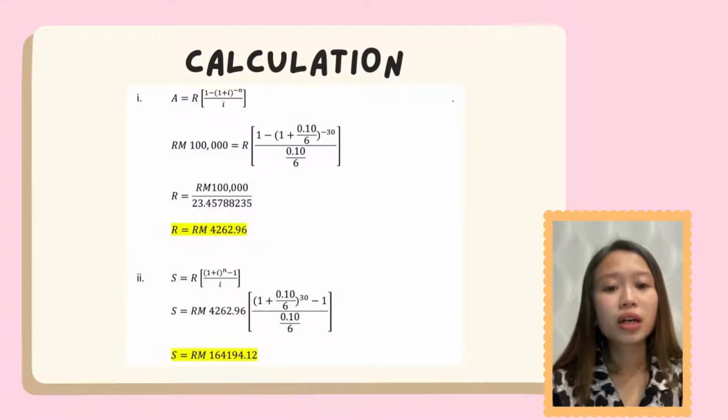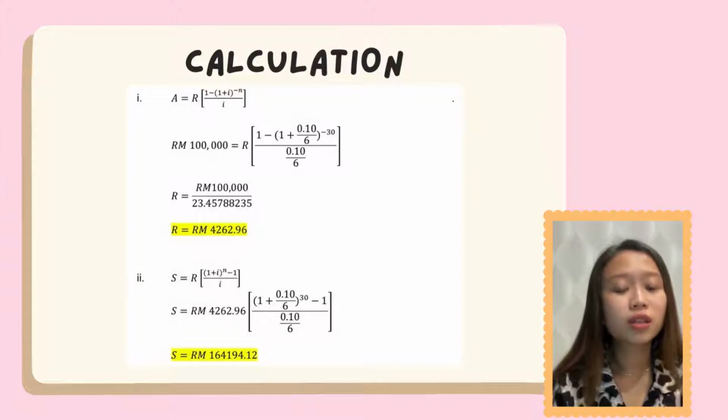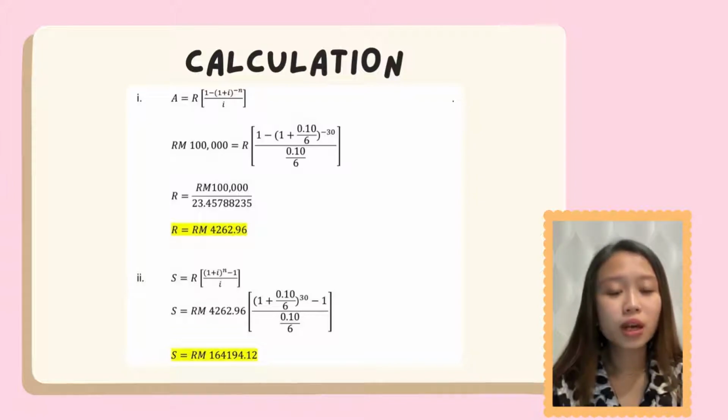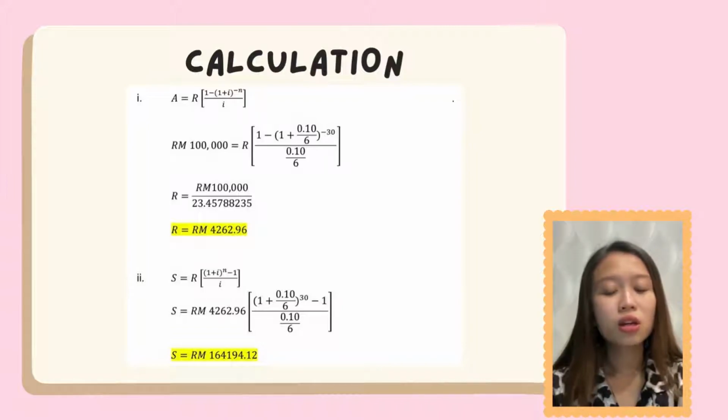So, inserting the values, A equals 100,000 equals R, 1 minus 1 plus 0.10, which is the rate, over 6, which is m, to the power of negative 30. Negative 30 is m times t, where t is the years, over 0.10 over 6. So for R, you will get RM 4,262 and 96 cents.